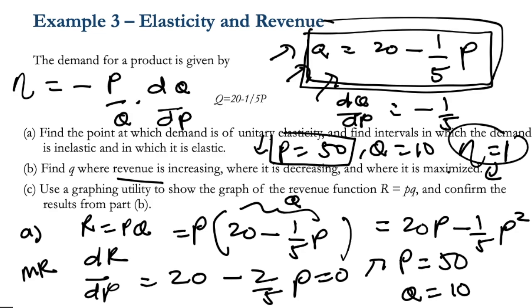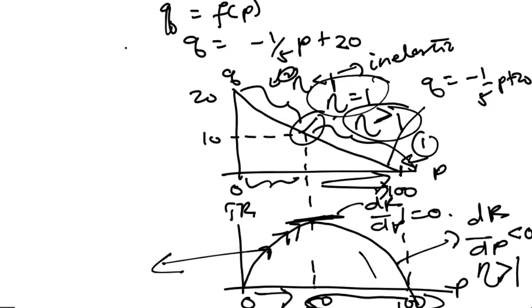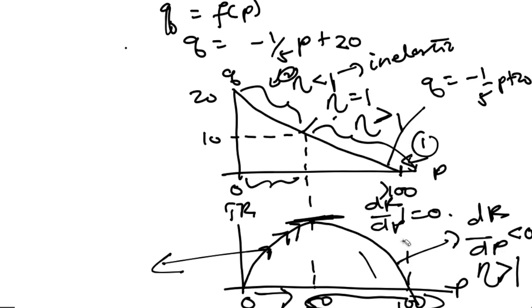Because this exercise is just similar to the previous exercise. If you go back to the drawing that I've shown you earlier, let me clear the mess. If you see here, just by having this, I don't have to redraw it in the graph. dR over dP is actually the slope of total revenue, isn't it?